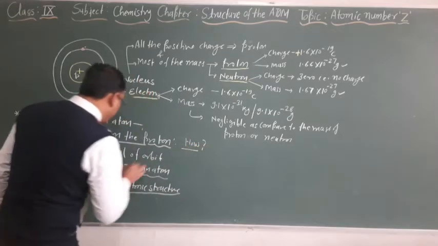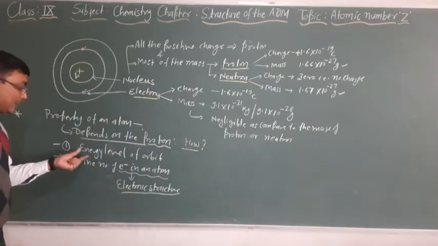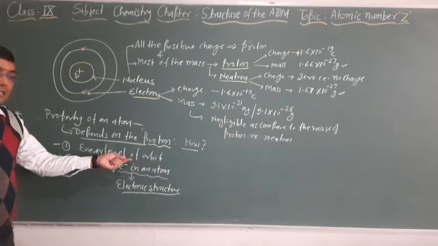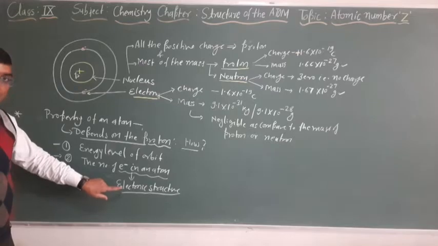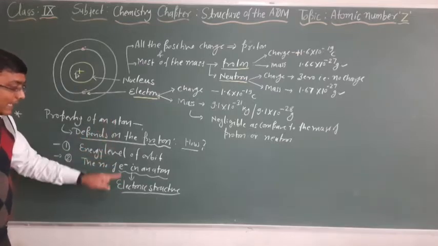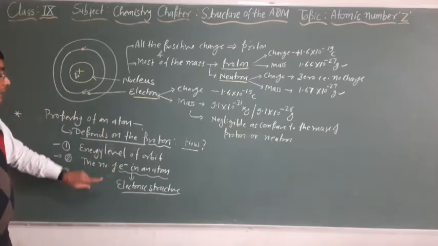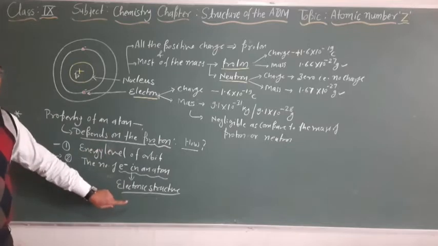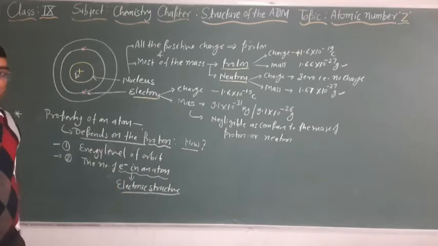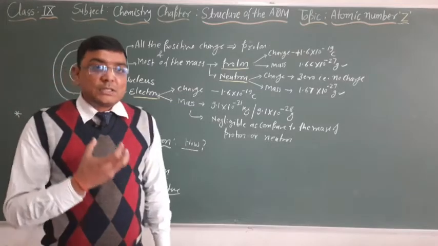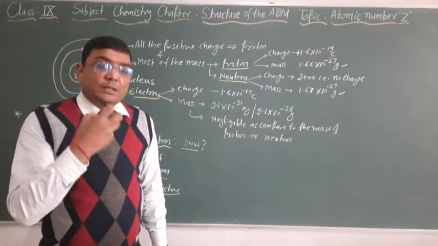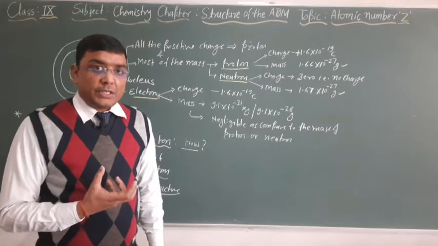As I explained here, protons decide the energy level of the orbit, and that energy level decides the number of electrons in the atom. The number of electrons is responsible for the electronic structure, and a particular electronic structure is responsible for the physical and chemical properties.